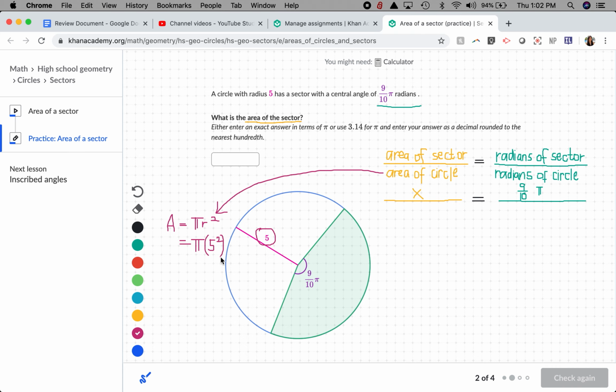Now simplifying further, 5 squared is going to equal 25 because that's 5 times 5. So the area of this circle is 25 pi. And this number is what I'm going to put as my area of the circle in the denominator right here, 25 pi.